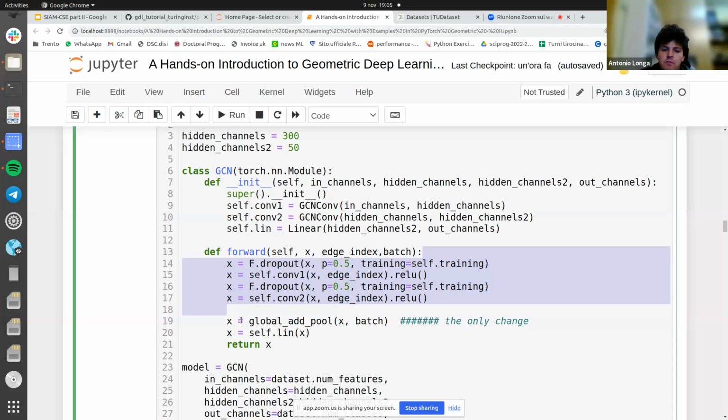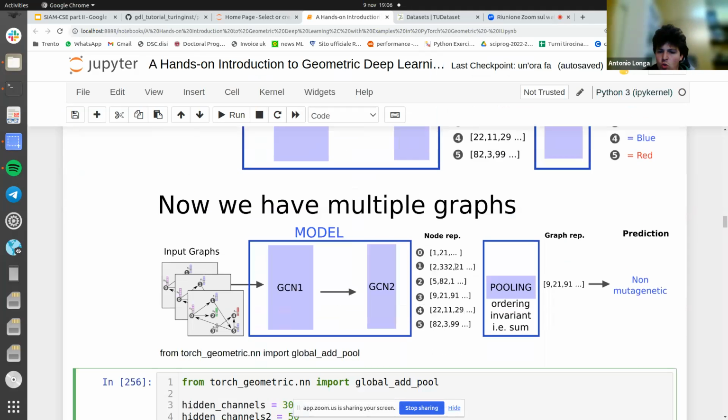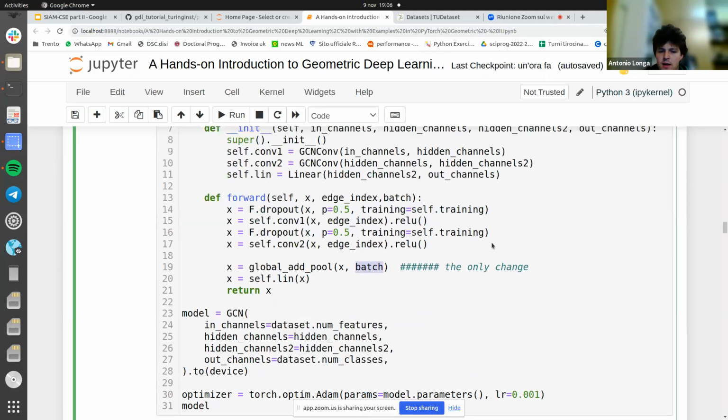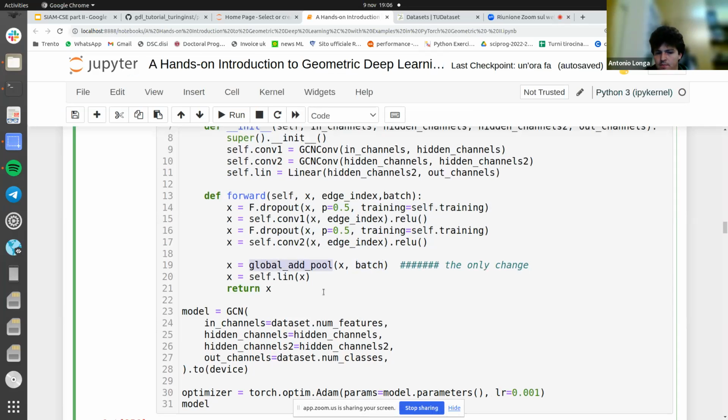The only difference is that here I'm using this global add pooling that takes as input our X and our batch, and what does it do? It simply compresses all of those representations within each batch. So this sum aggregation I was showing here has been done with this simple function.